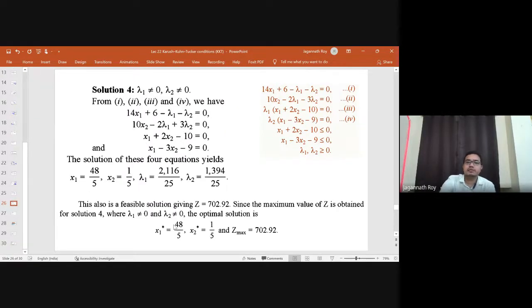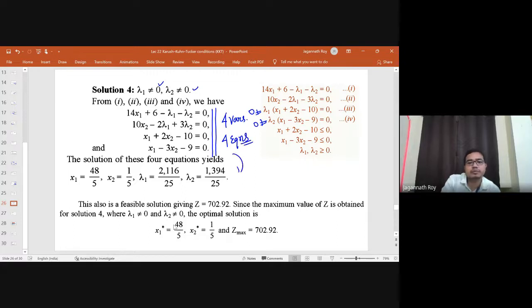Finally, if we have both of them non-zero, so the system will become: this is non-zero, this is non-zero, so this will become 0 and this will become 0. So what do we have? We have four variables, four equations.